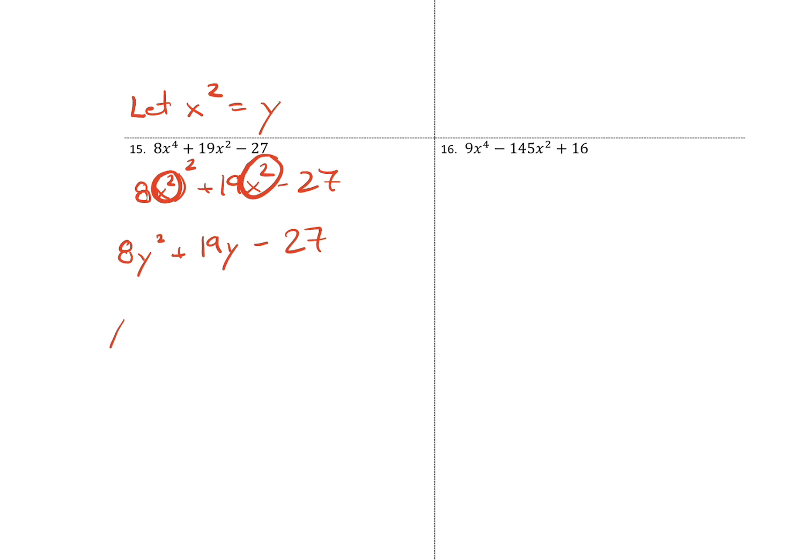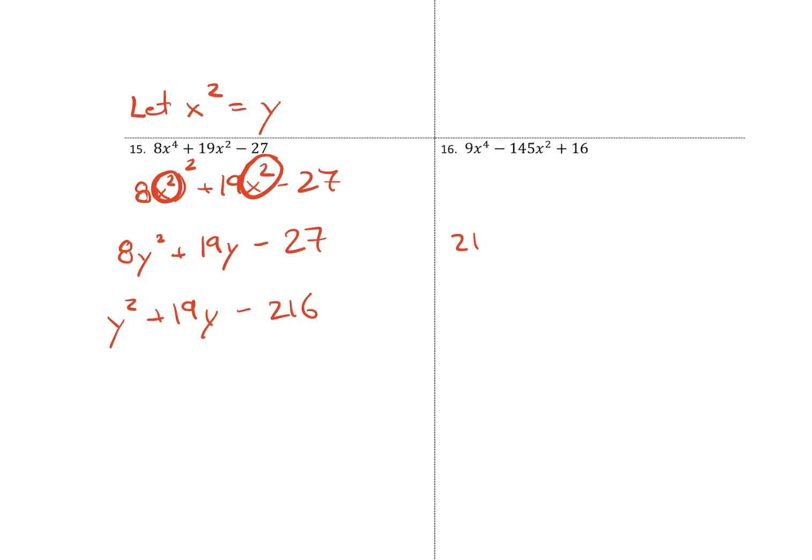And now you solve this with the AC method: 8y squared plus 19y minus 27. 8 times 27 is 160 plus 56, which is negative 216. So now I'm looking for two numbers that multiply to negative 216 and add to 19.